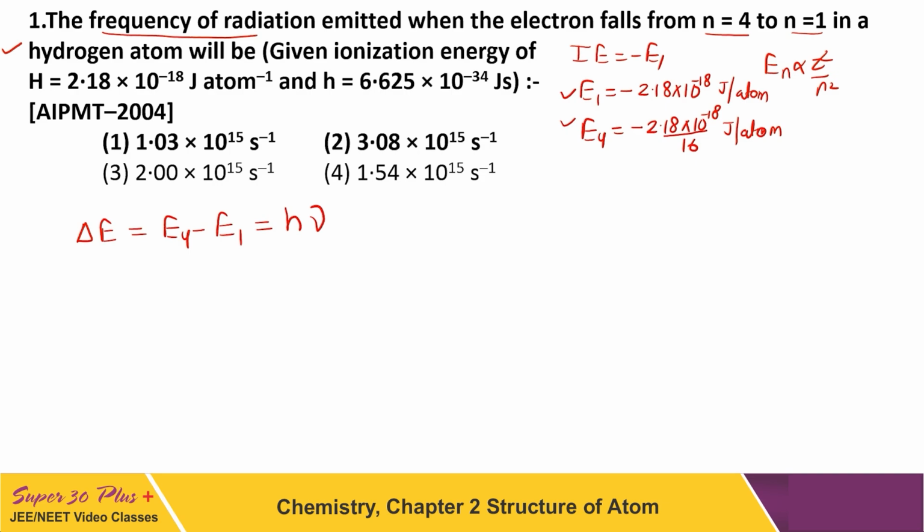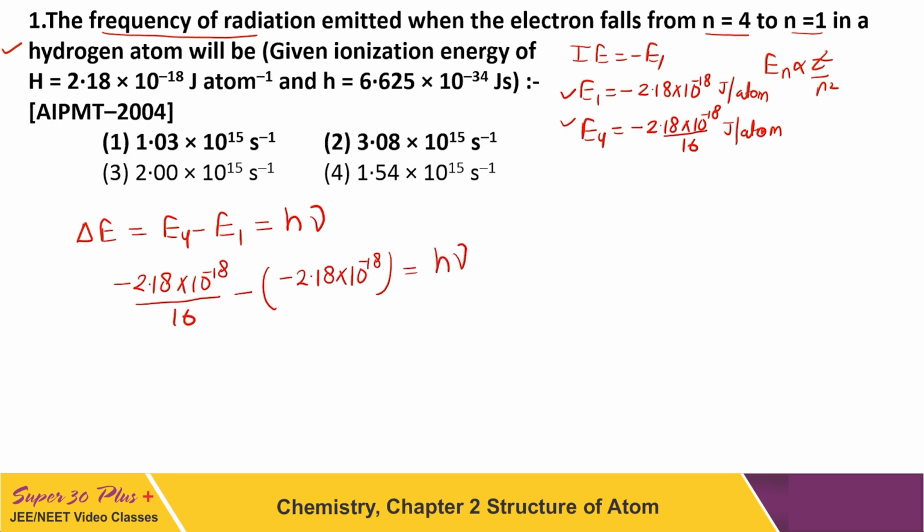So after putting the values, minus 2.18 into 10 to the power minus 18 divided by 16 minus the energy of the first shell, which is again minus 2.18 into 10 to the power minus 18, shall be equal to h nu.